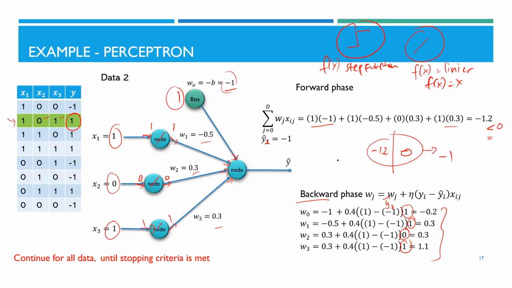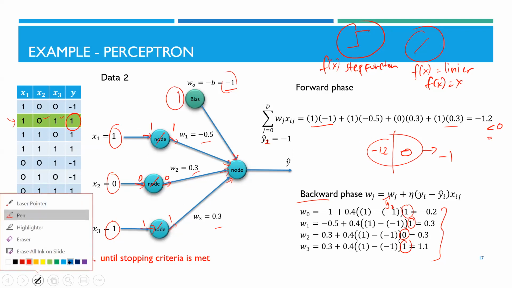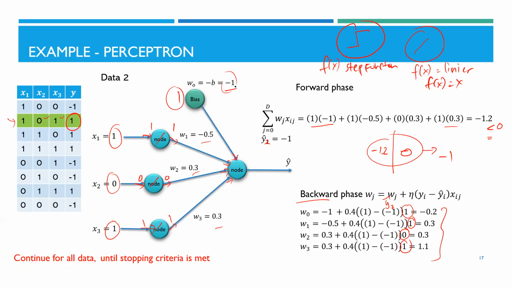For the next data, we use the new weights. So here will be minus 0.2, this one is updated to 0.3, this one is still 0.3, and this one is 1.1. We can use this for the third data.